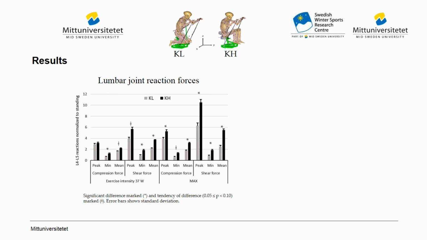Then we took those joint reactions and normalized with the results we got from the sitting results. So you can see the highest values are up to 10 times higher than the reactions of standing. We did the normalization because the participants had different weights.